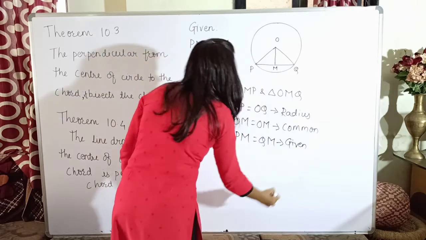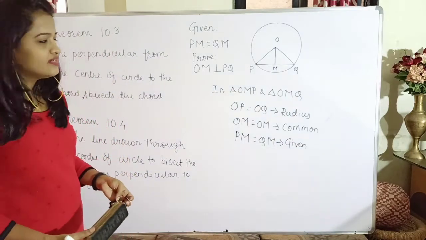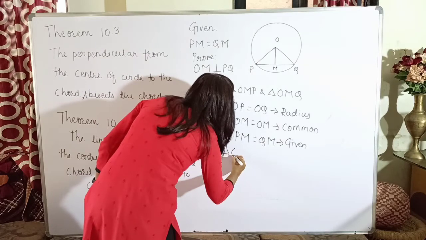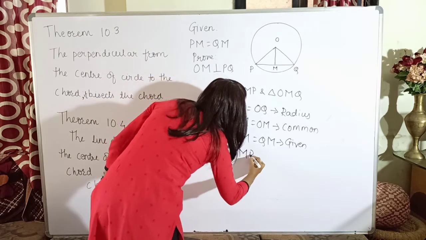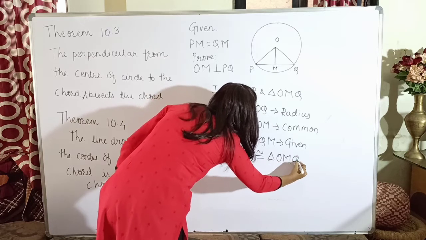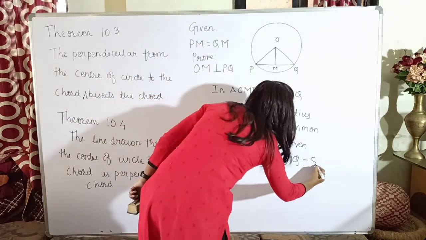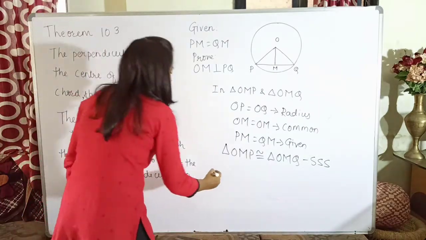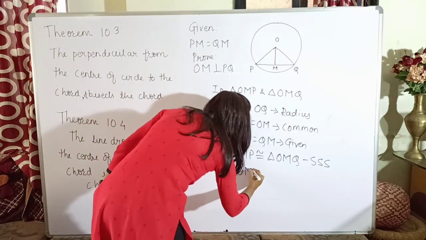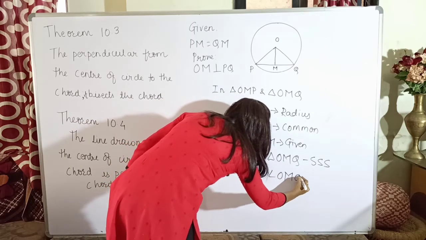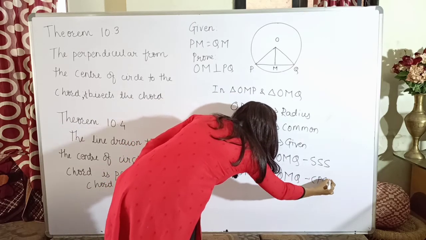Yes. So as you can see in the two triangles, all the three sides are equal. So I can say triangle OMP is congruent to triangle OMQ by SSS congruency, and therefore angle OMP is equal to angle OMQ by CPCT.